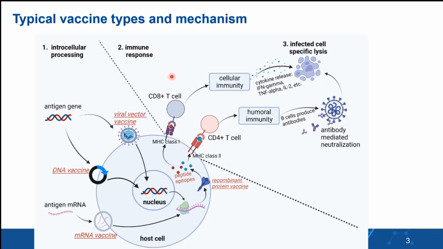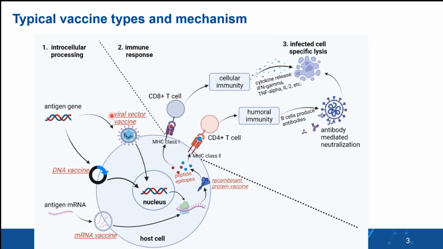So there's going to be an immune response, including cellular immunity, which means some cytokines will be released, and humoral immunity, so antibodies are going to be produced. After this immune response, the third step is the infected cell specific lysis. So that's the way to check whether the vaccine is effective or not. That's the whole mechanism and steps.